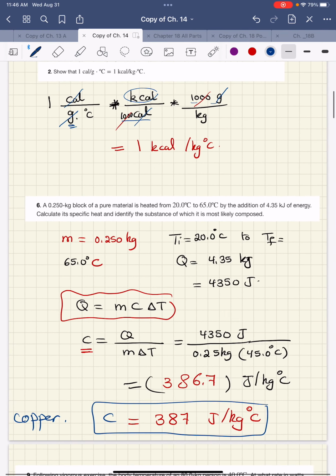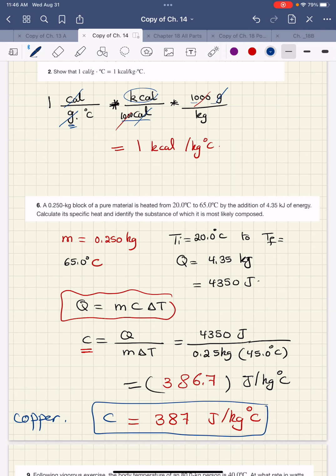This is a question about how to use the equation. A 0.25 kilogram block of a pure material is heated from 20 degrees Celsius to 65 degrees Celsius by the addition of 4.35 kilojoules of energy. Calculate its specific heat and identify the substance of which it is most likely composed.